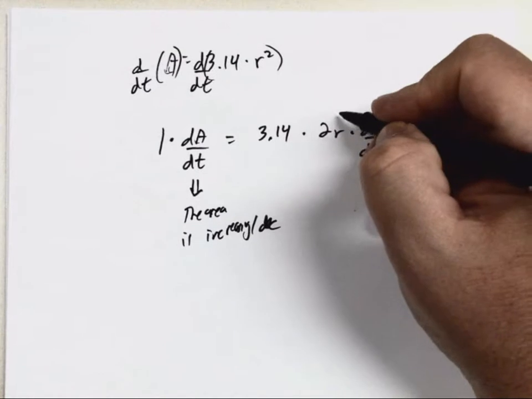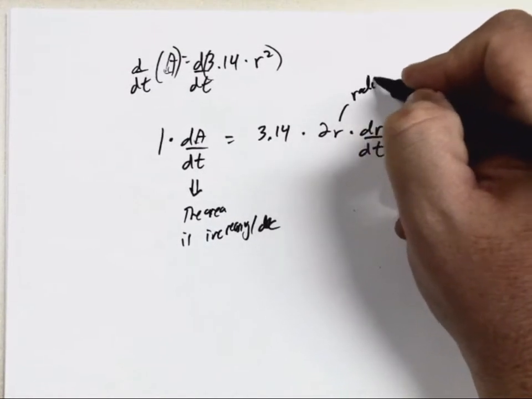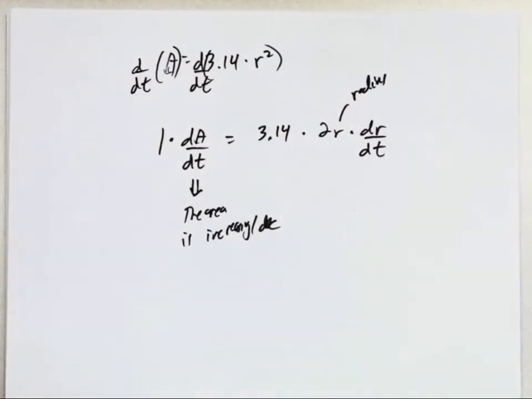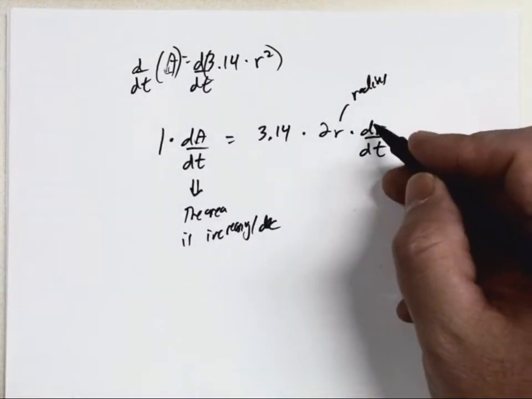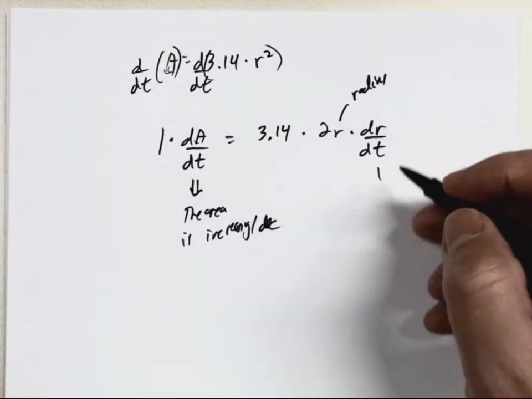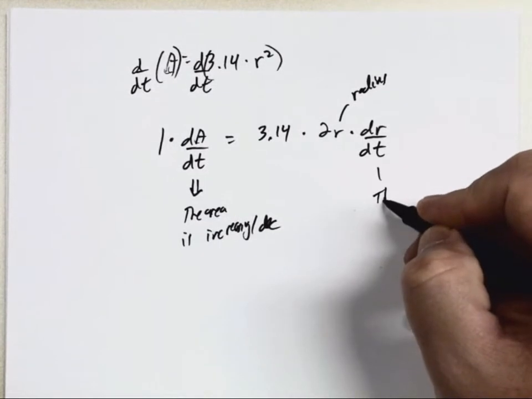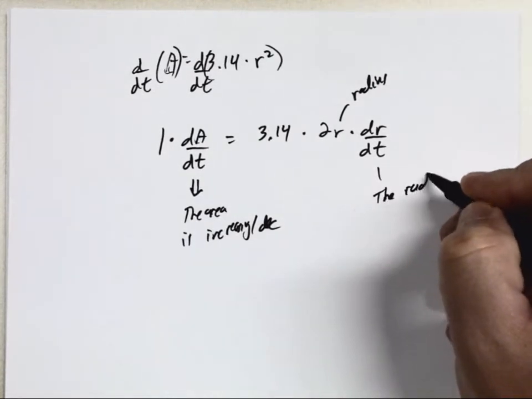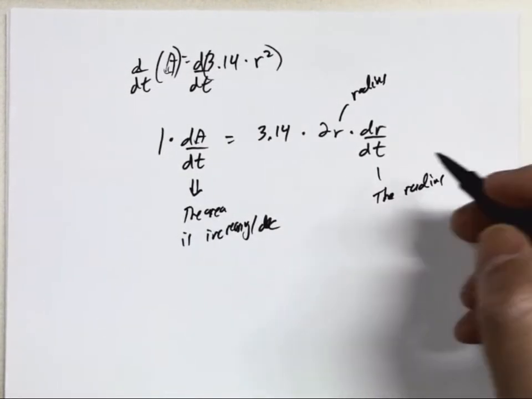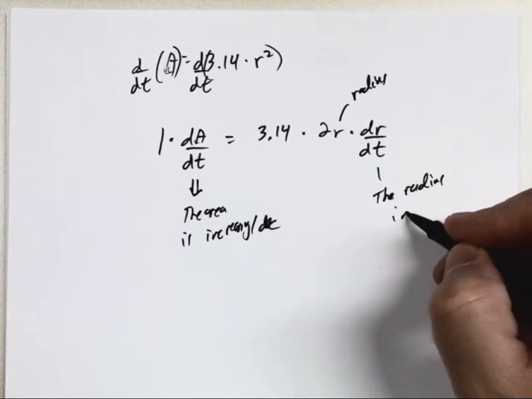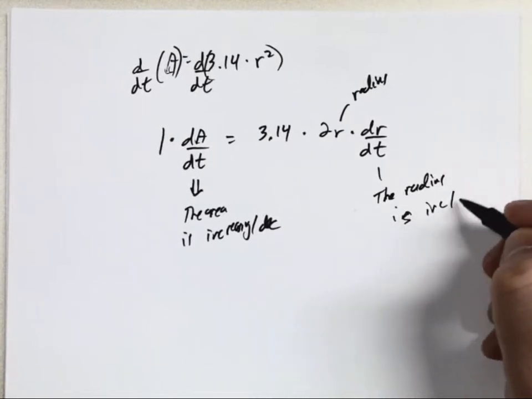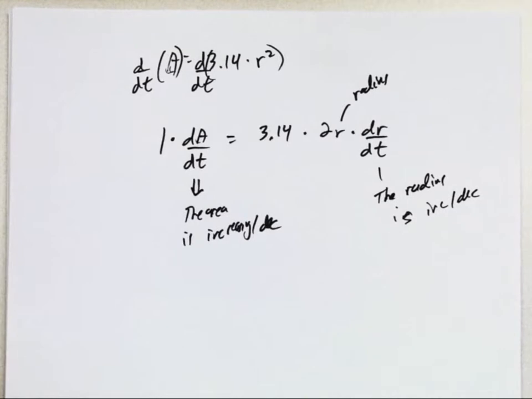Over here, we just have the radius of the circle at that point in time. But here's another one, dr/dt. So what does this mean? This means how the radius is either increasing or decreasing.